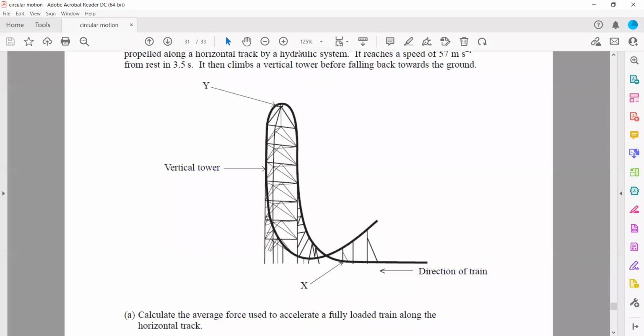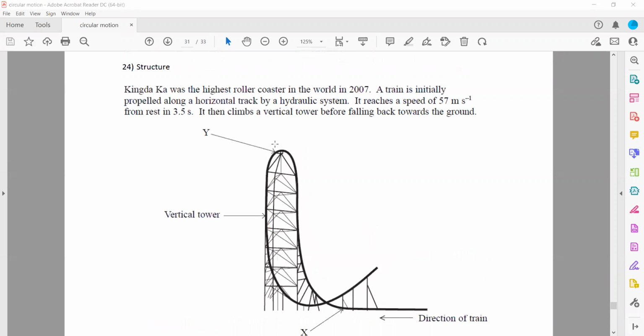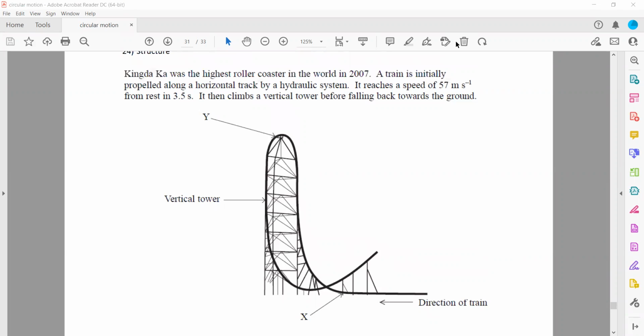So initially the train is moving horizontally, then it rises, like there's a slight bend, and then it will rise to a maximum height, and then it comes down. The train is initially propelled along a horizontal track by a hydraulic system, and it reaches a speed of 57 meters per second from rest in 3.5 seconds.